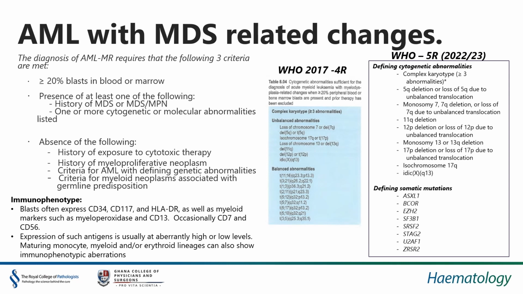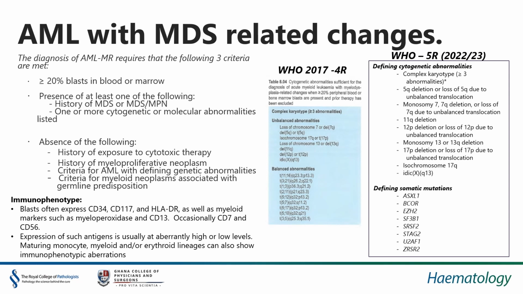The maturing monocyte, myeloid, and erythroid lineages can also show some immunophenotypic aberrations, which is why it's very important that you look at all your populations: your monocytes, your granulocytes, your erythroid lineages, to look for abnormal maturation patterns. We know what normals are, so it's important to look at what may be abnormally expressed.